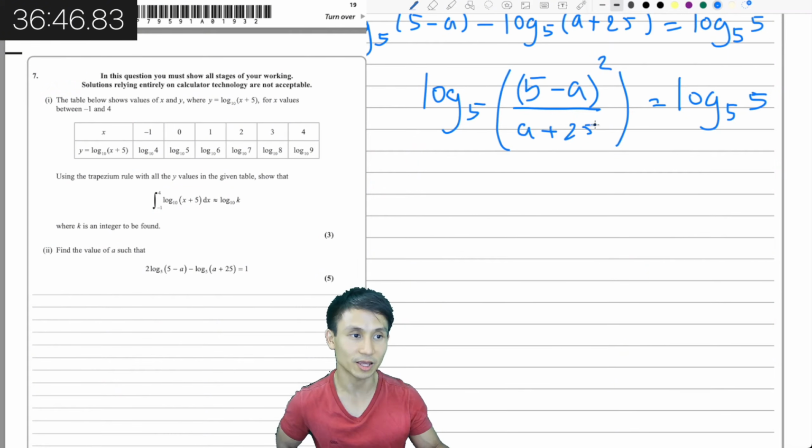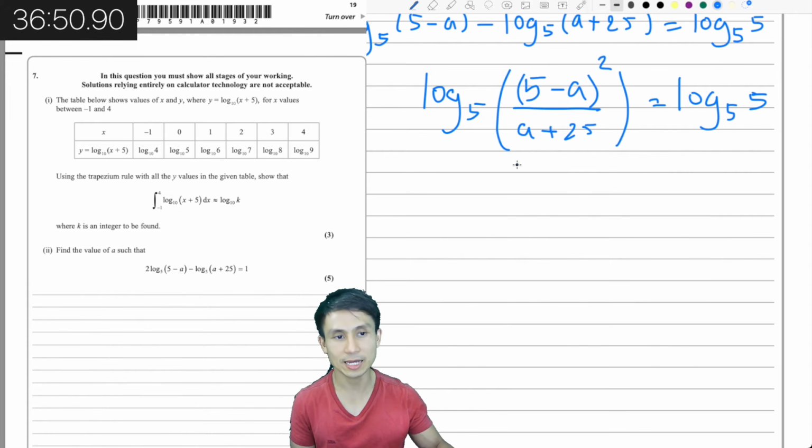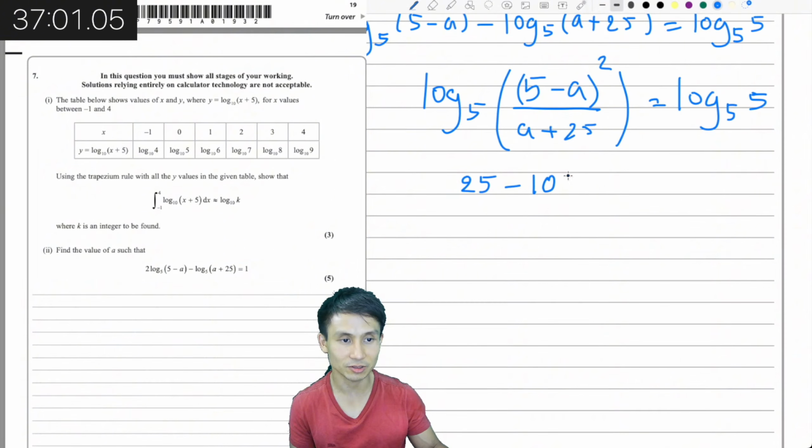We want to solve for a. Yeah, I guess we have to expand. So imagine I take out log already and then I expand this quadratic function. So I get 25 minus 2 times 5 times a, so that's minus 10a and plus a squared here. And imagine after you got this down here, you move it to the other side.